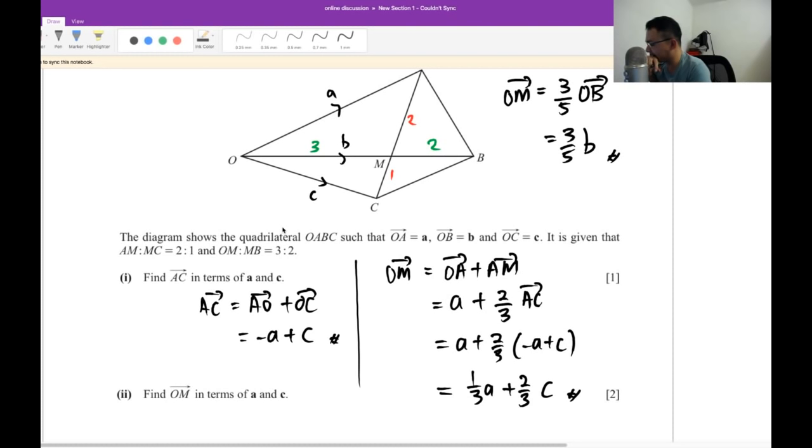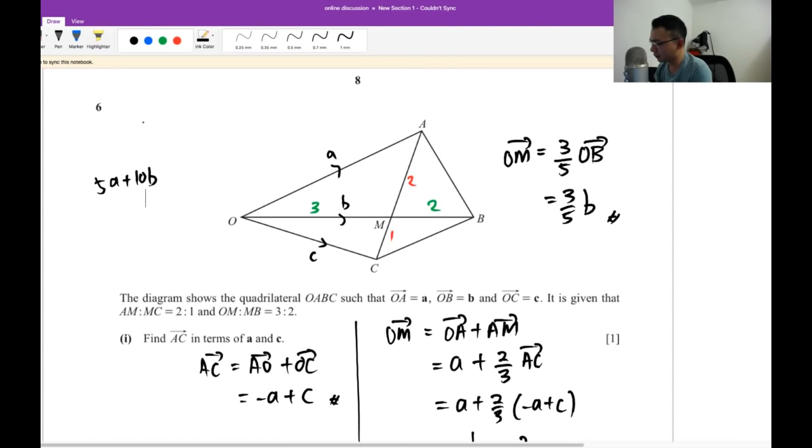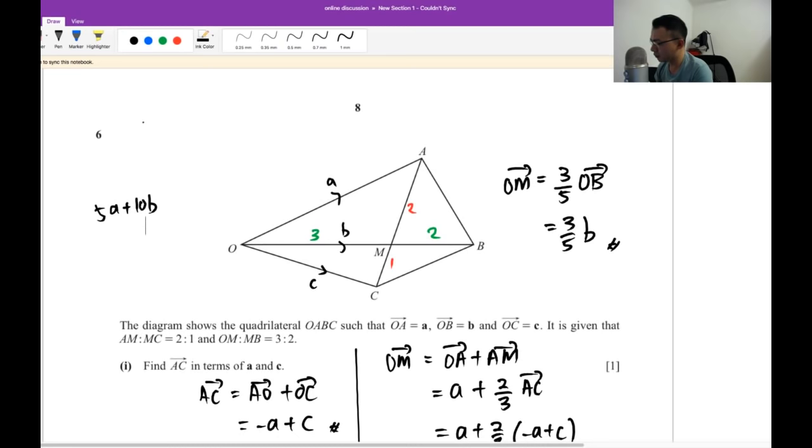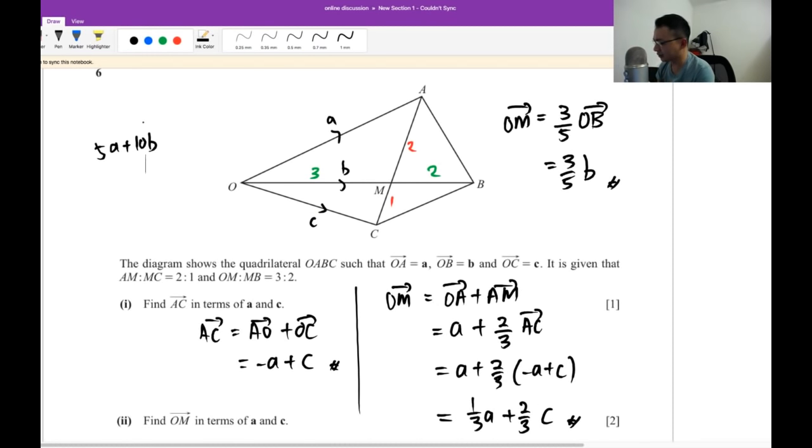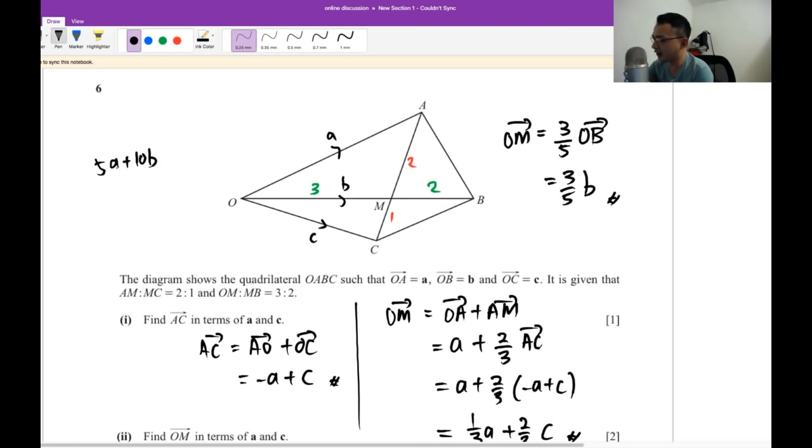If I factorize out the 5, I basically get A plus 2C.